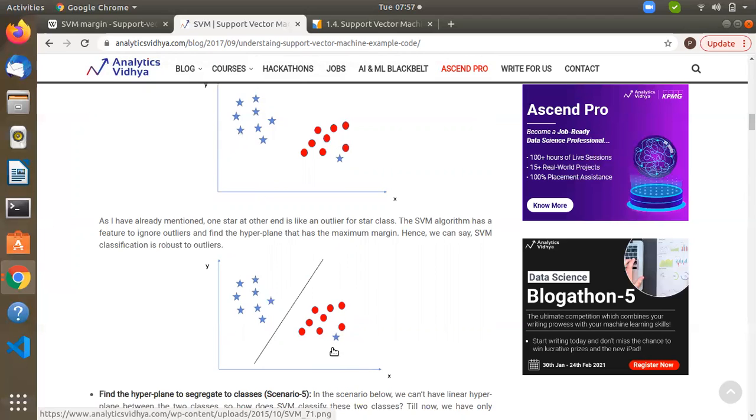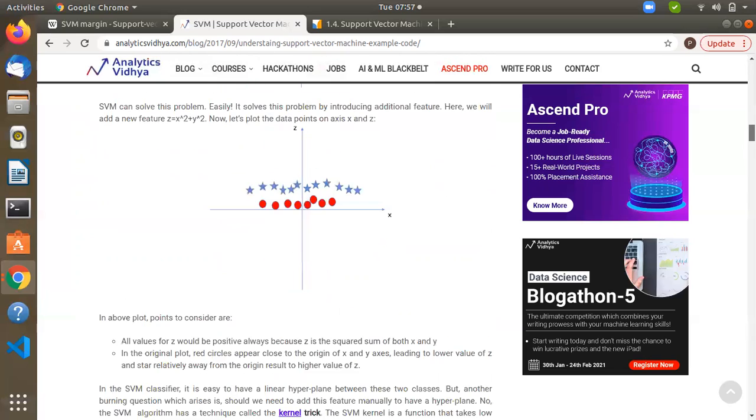The main new thing in SVM is the C value, which we have to give. C value is the number of errors allowed in the model. If this is the C value, this point is counted as an error. Let me explain.